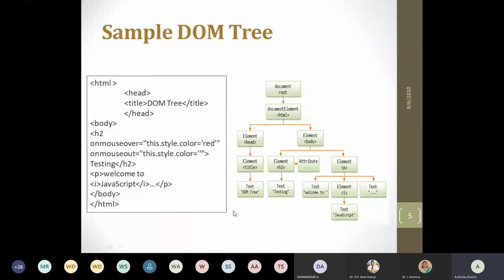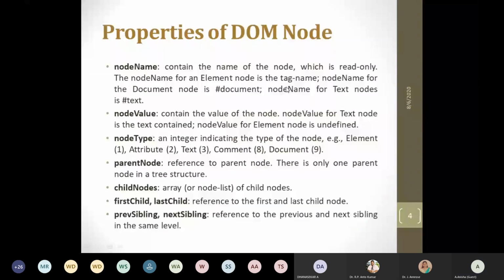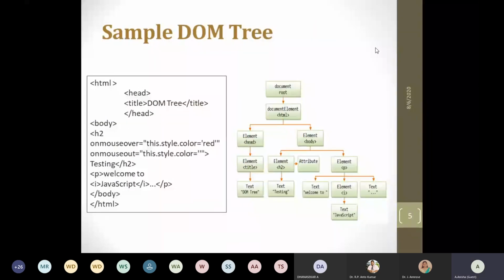This is a sample HTML document and its corresponding DOM tree. The root of the DOM tree will be the document node, and its child will be the document element, which is the HTML tag. The HTML tag contains two parts, head and body.